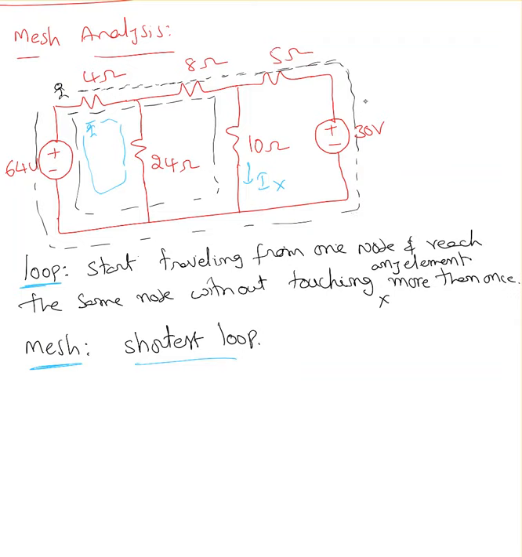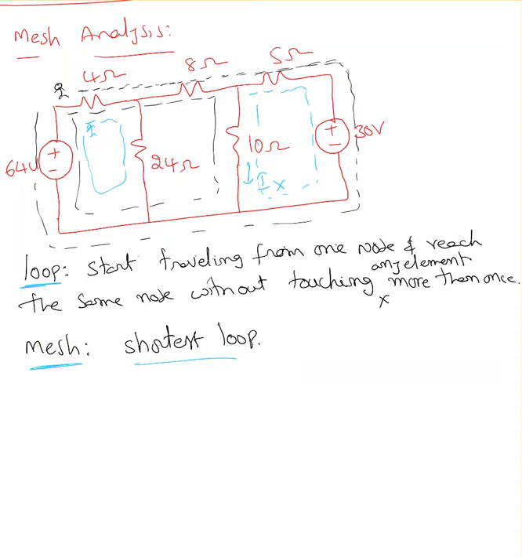This is called a loop. And here is another loop, and here the blue one is another loop. There are more than 3 loops. I can call this also a loop, as long as your starting node and ending node are the same and you're not touching any element more than once. That's called a loop.